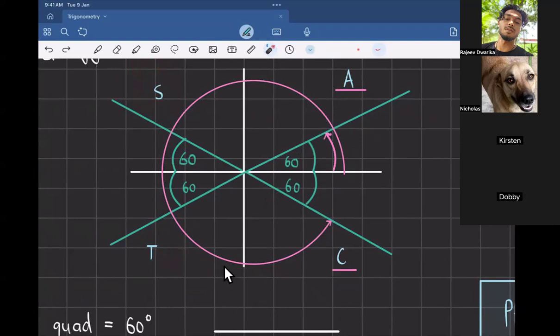Would cosine be positive in the second quadrant? No, only sine would. What about over here? What is positive in the first quadrant?